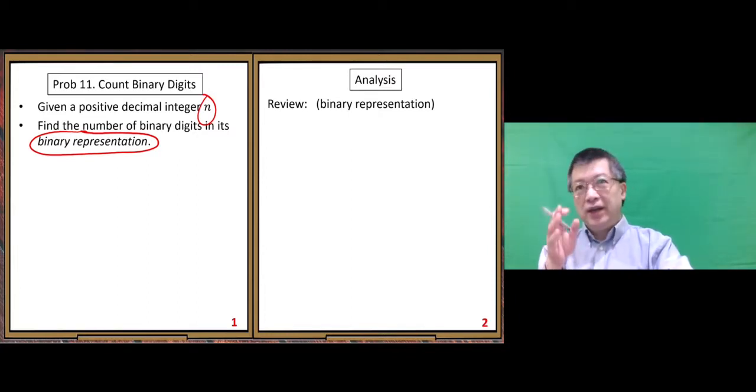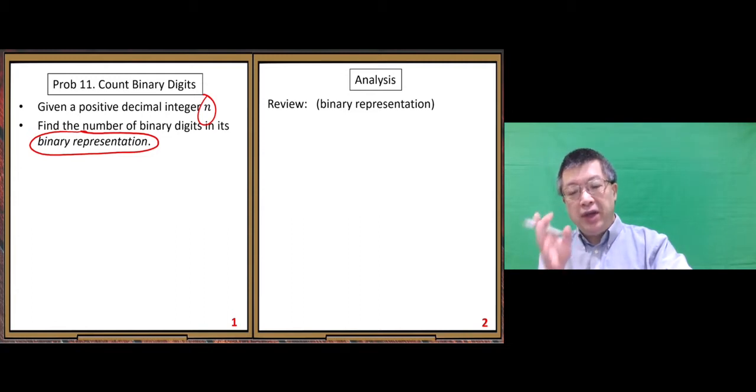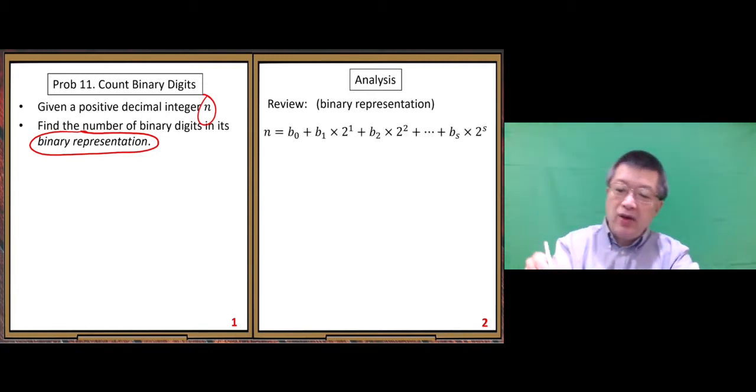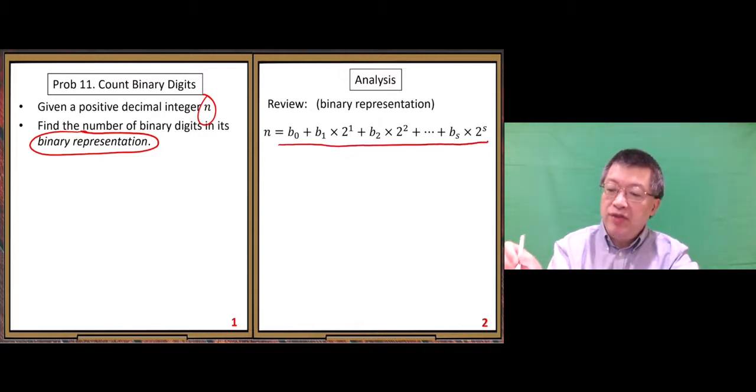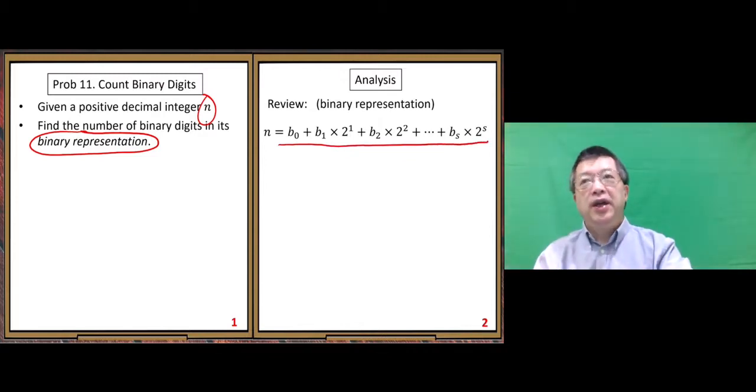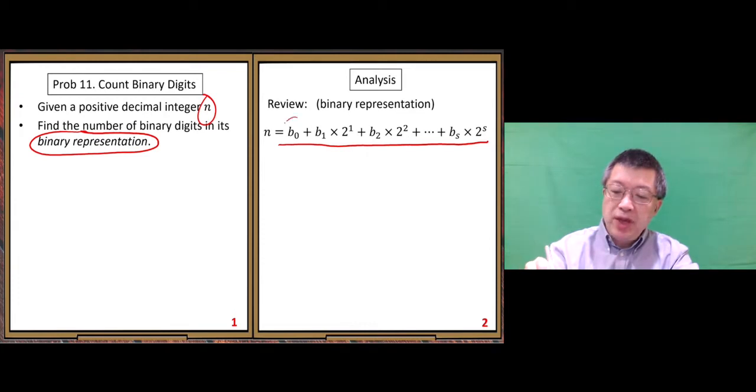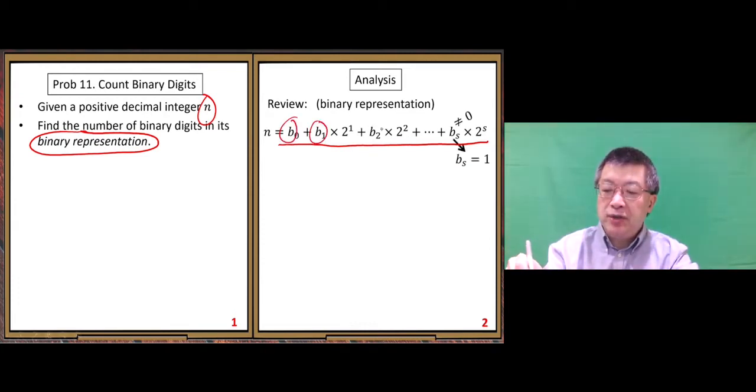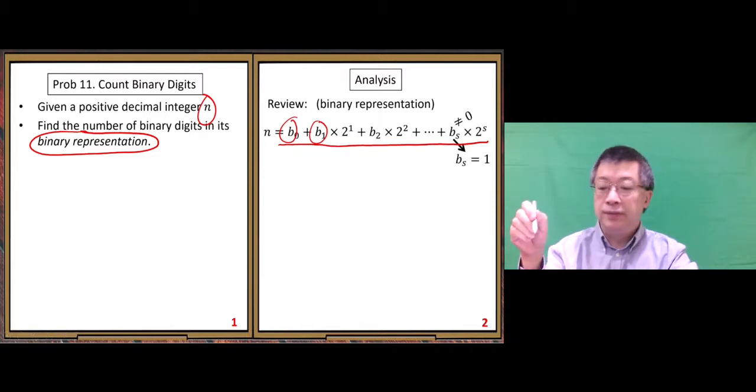Given decimal integer n, we can write it in the form of this one. Here, all these b's, they are the binary digits.